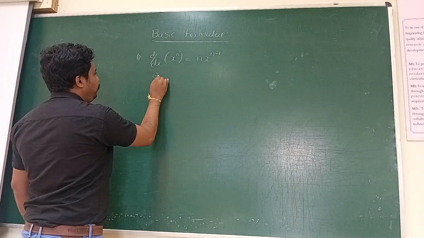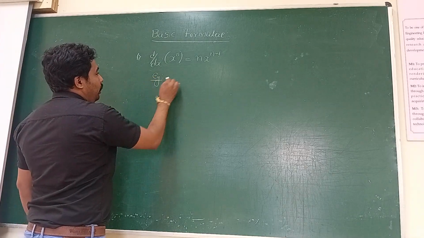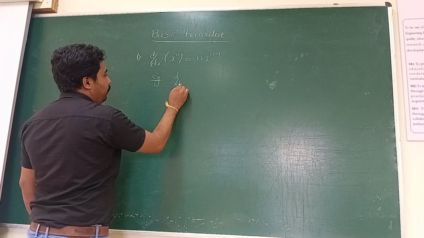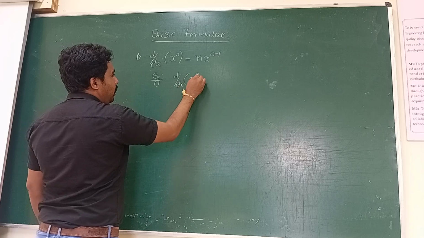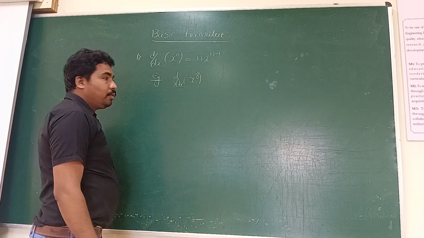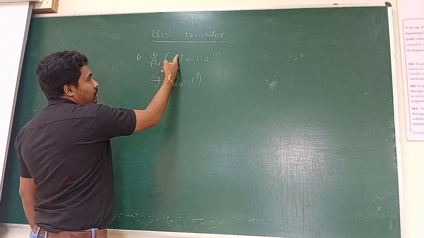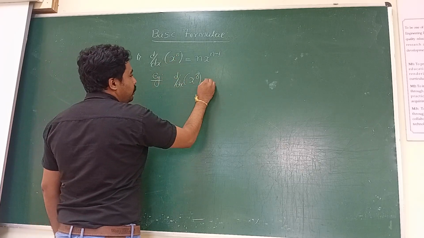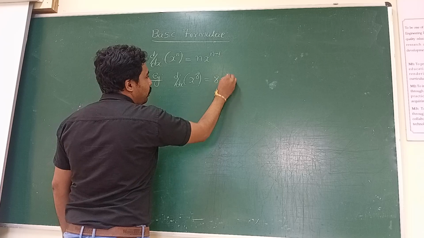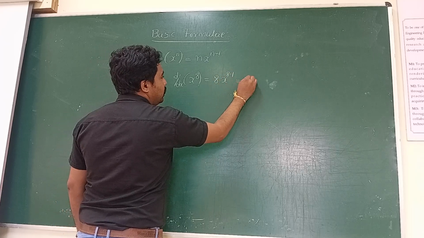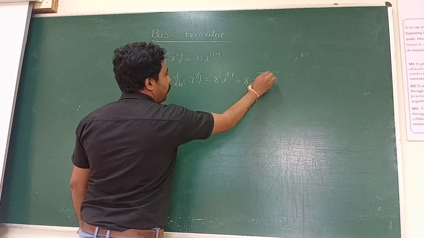Now for example, if I want to find the differentiation of x power 8, if we know this formula, the n value is 8, so it becomes 8 into x power 8 minus 1, that is 8 into x power 7.